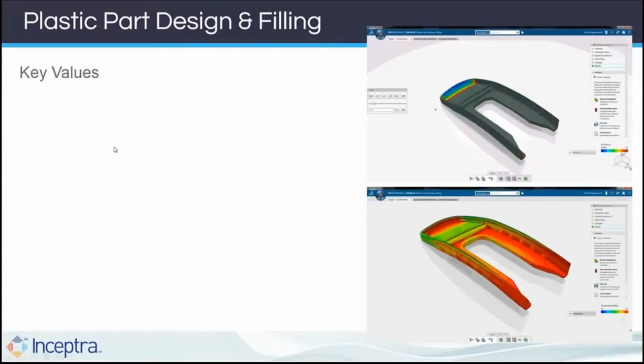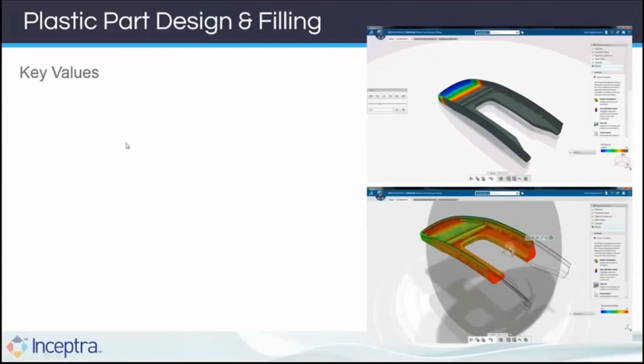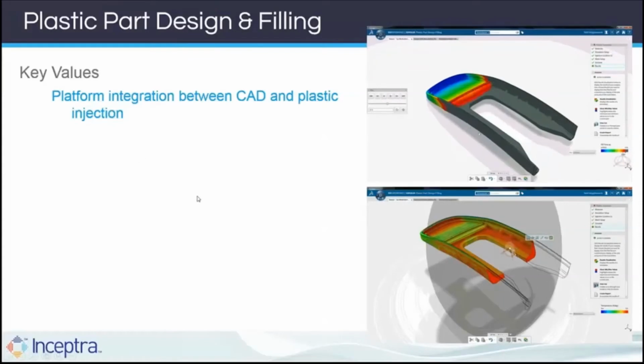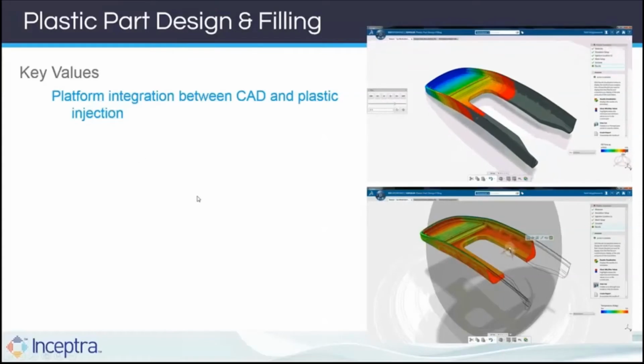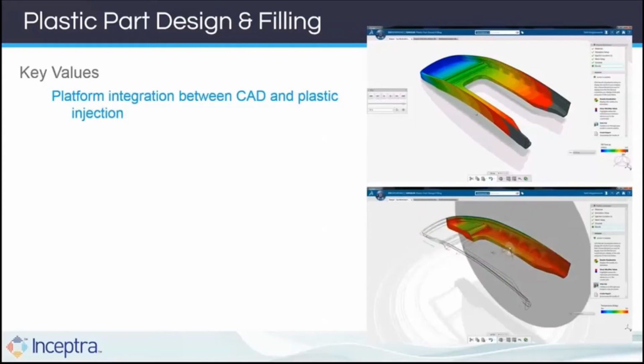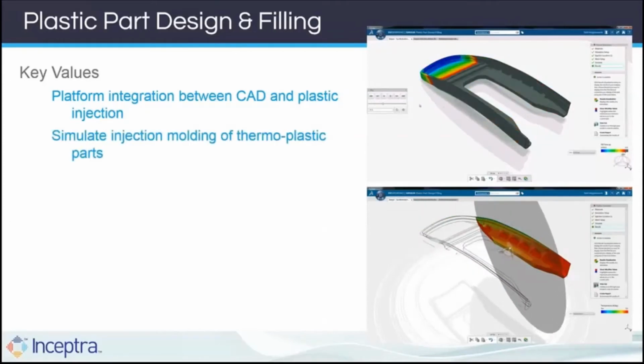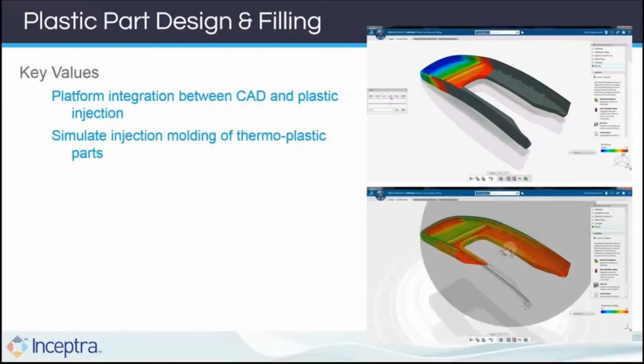So the key values here are, we now have inside of 3DEXPERIENCE the ability to do plastic injection directly coupled with the CAD model at any time. Make changes to the CAD model, update the simulation results.